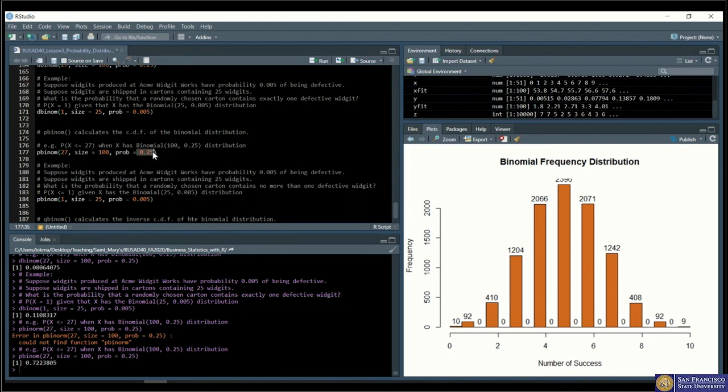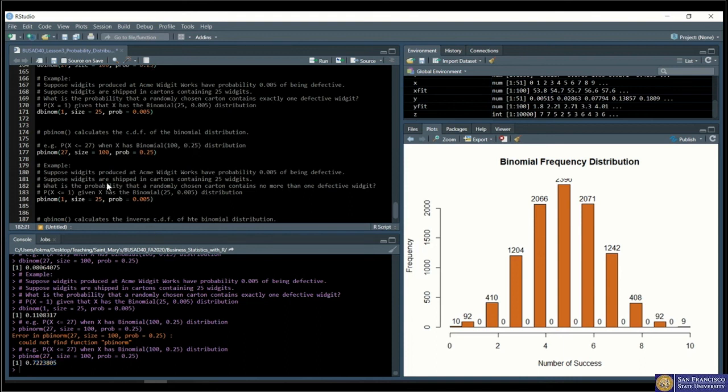So on average we should pick 25 units that are successes. Anything from 27 or below, 25 is also included. So most of the cases you find in these trials of 100 will be around 25, and if you include less than, it will keep accumulating and adding more probability, and that adds up to 72.73% of a chance.